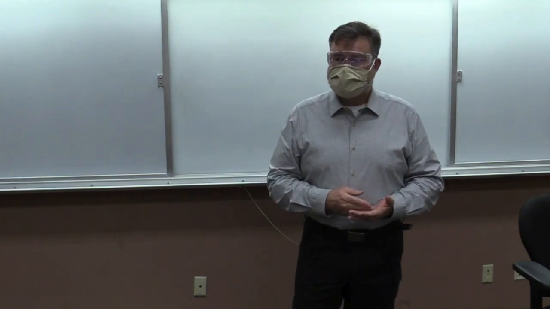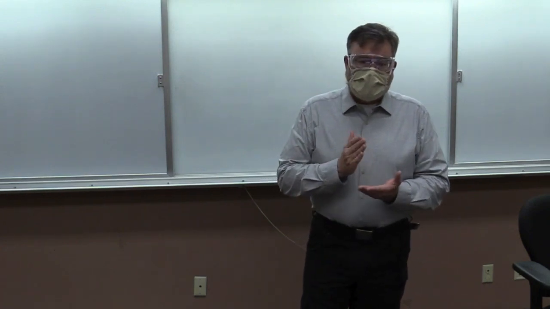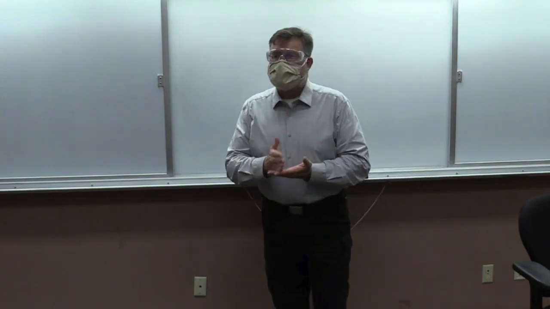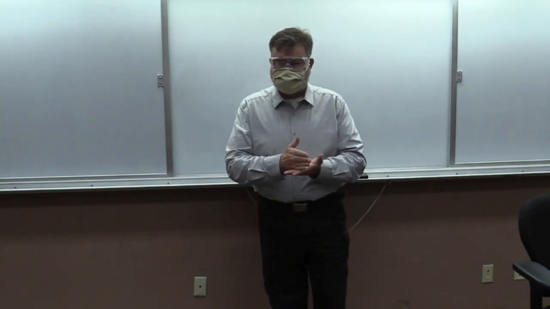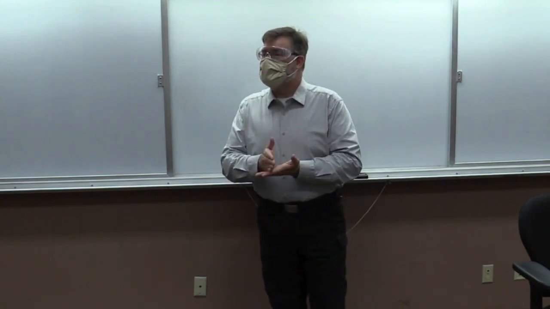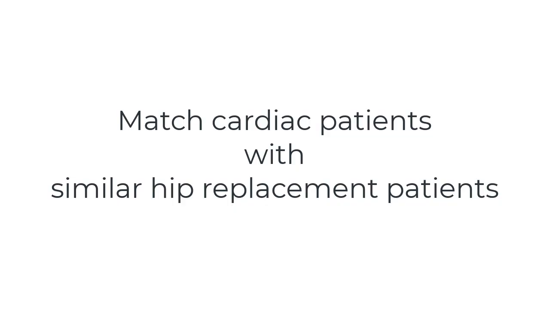Another way you might see matched pairs is we're doing some kind of study that has to do with heart patients, but we need a control group, a comparison group. We're going to match our people in the heart patient study with people in a hip replacement group.